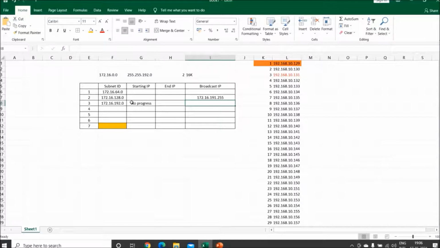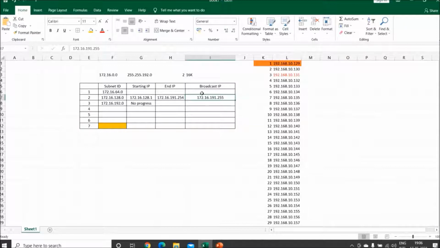So what is the end IP? It will be 172.16.191.254. And the starting IP is easy: 172.16.128.1. So 128.1 is the starting IP, 191.254 is the ending IP, and this is the broadcast IP.